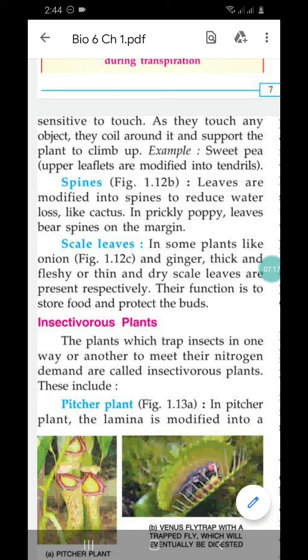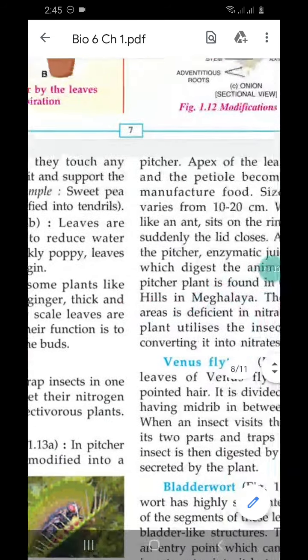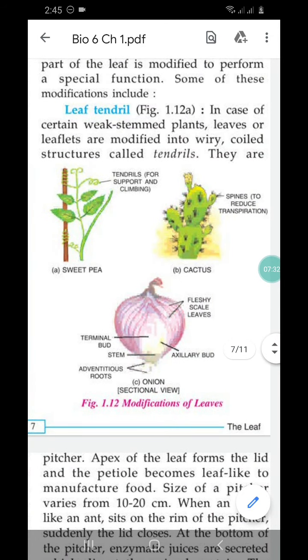It is not a stem or a root. What is it? It is a leaf. The leaf starts modifying itself into a bulb-like structure so that it can store extra food in it. If you observe this onion, see these are the parts: axillary bud, fleshy scale leaves, terminal bud, stem, adventitious roots and all. Is it clear, children?